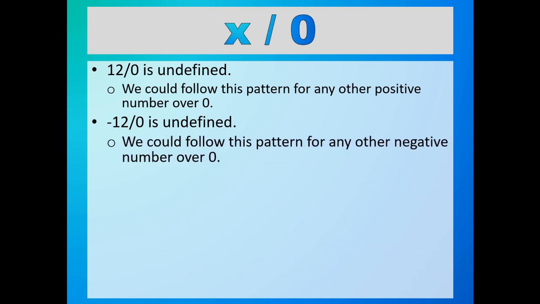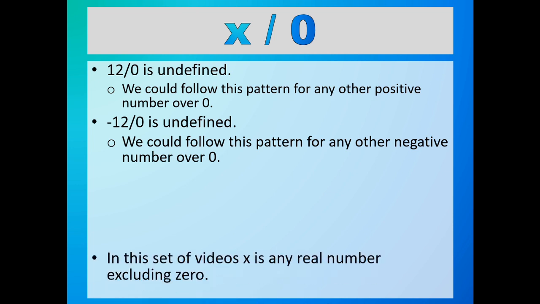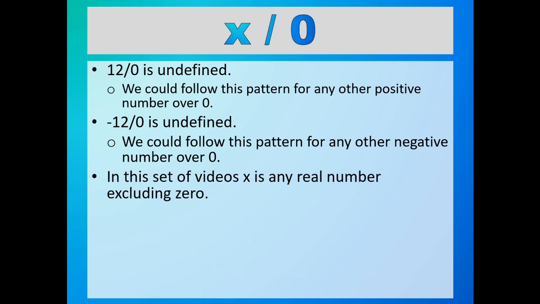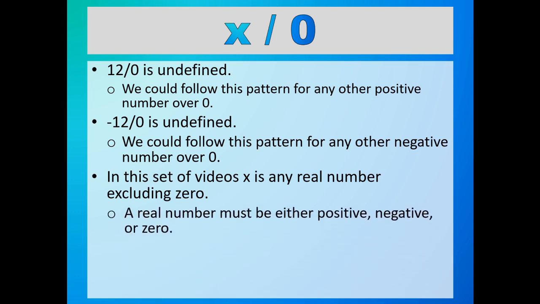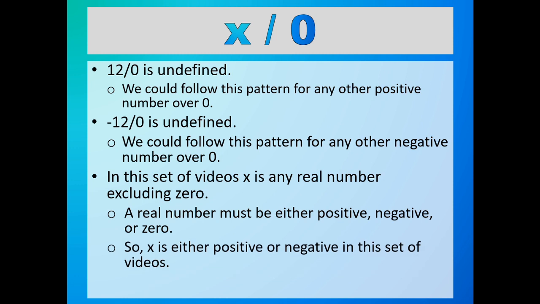We could follow this pattern for any other negative number and have it over 0. In this set of videos, x is any real number excluding 0. A real number must be either positive, negative, or 0. So x is either positive or negative in this set of videos. Therefore, x divided by 0 is undefined.